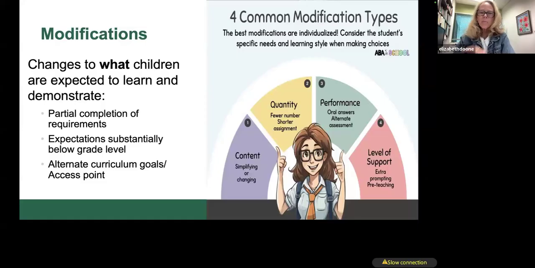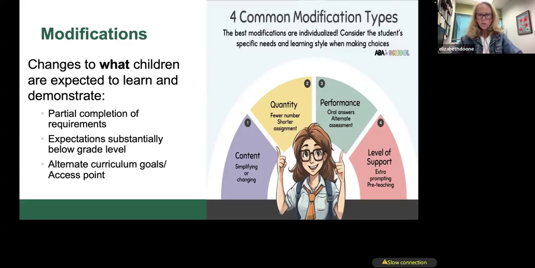So if I have something that I want, there's a little picture here that shows you can adjust the content, the quantity, the performance, and that one I'm a little iffy on because, depending on how we expect it, I can give them a verbal response if it's written, and that might be that performance level. And then the level of support, providing a lot of prompting. Some of our students, we need to give hand over hand support because they're that low functioning, some of our really complex students. But going back to the expectations below grade level.